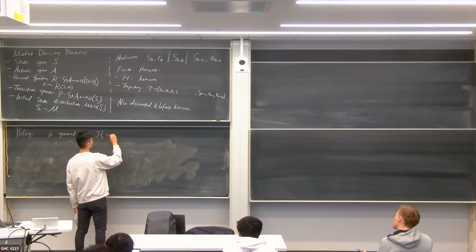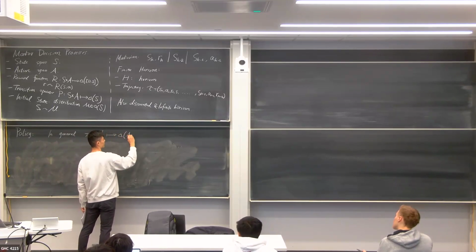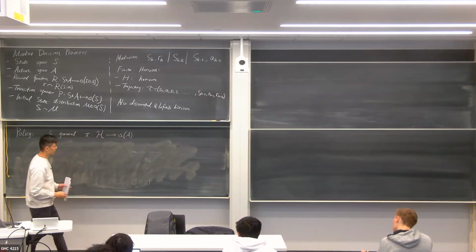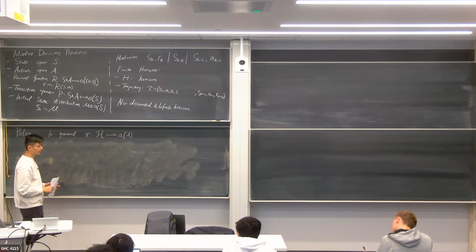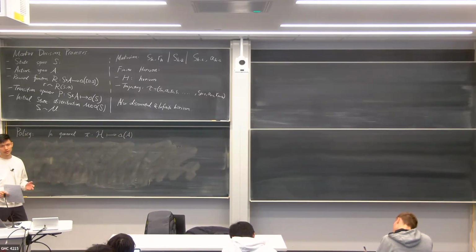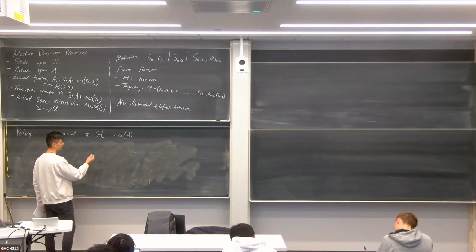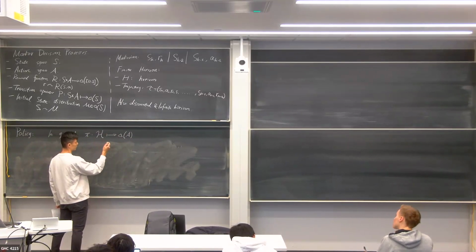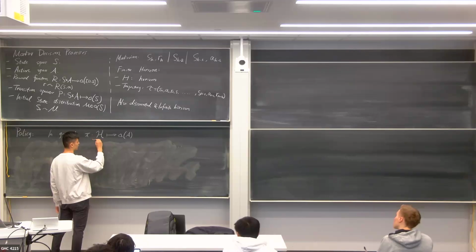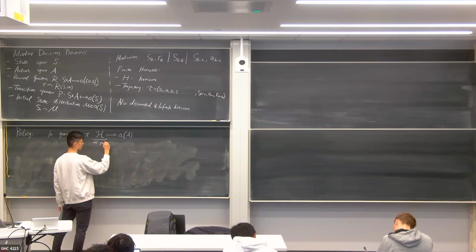Okay. So what does this mean? In full generality, it should feel weird. But in full generality, the kind of decision-making process could really take any partial history.